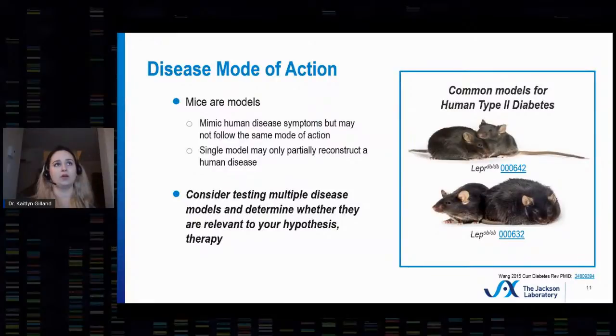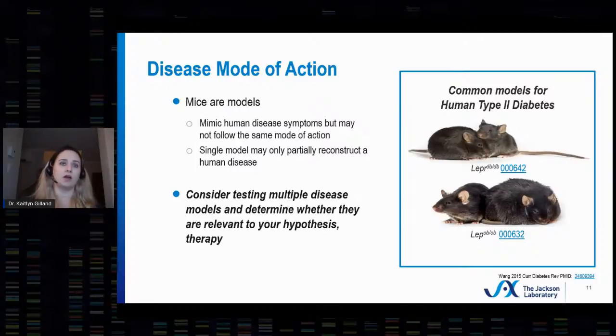Now, one thing I want to talk about is disease mode of action. And it's really important to consider the relevance of the model to the human disease. So the model needs to mimic the human disease symptoms, but it might not follow the same mode of action.